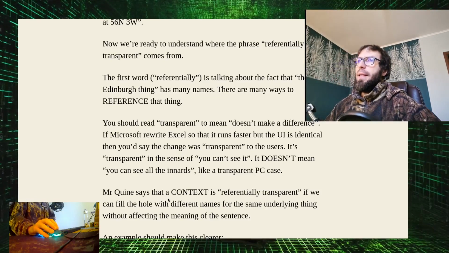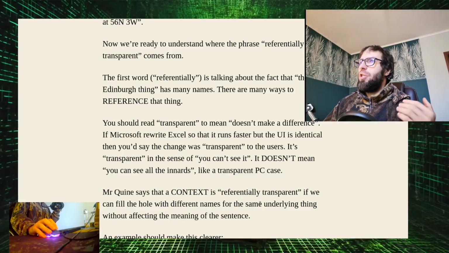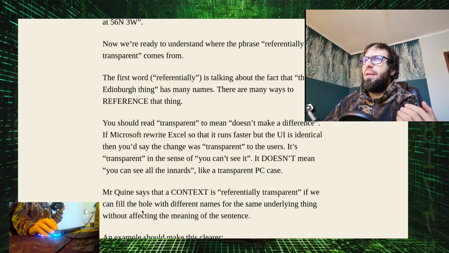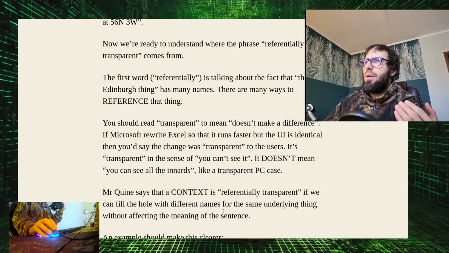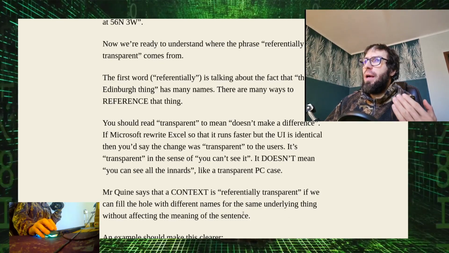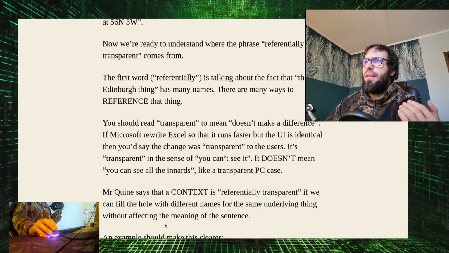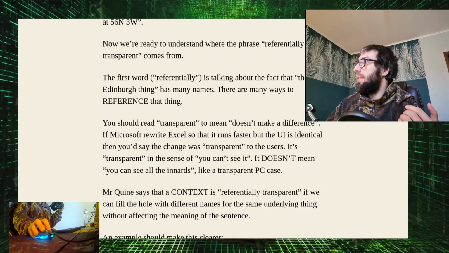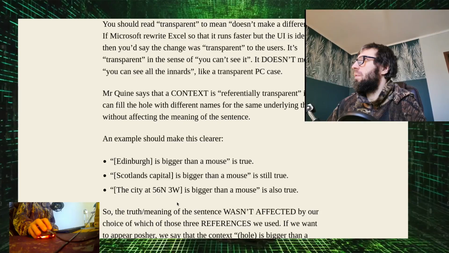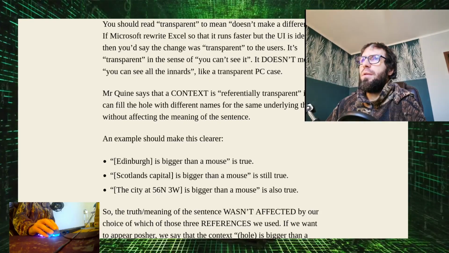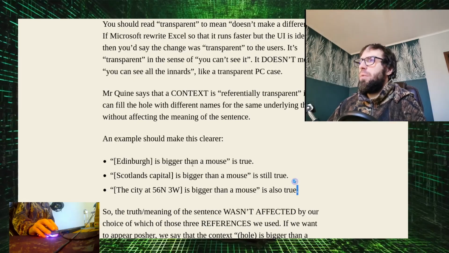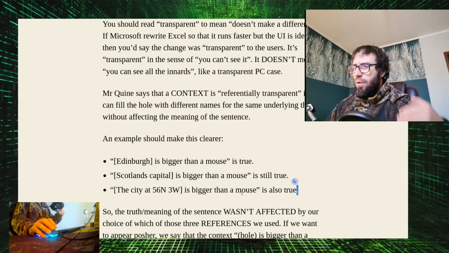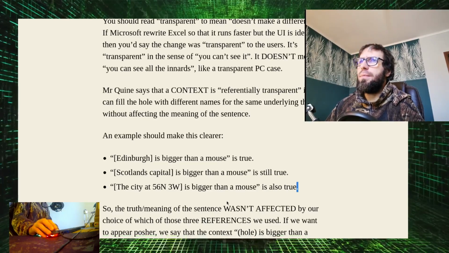Quine says that a context is referentially transparent if we can fill the hole with different names for the same underlying thing without affecting the meaning of the sentence. And here they have this simple example that shows that no matter what we substitute, we have the same semantics in all the cases.